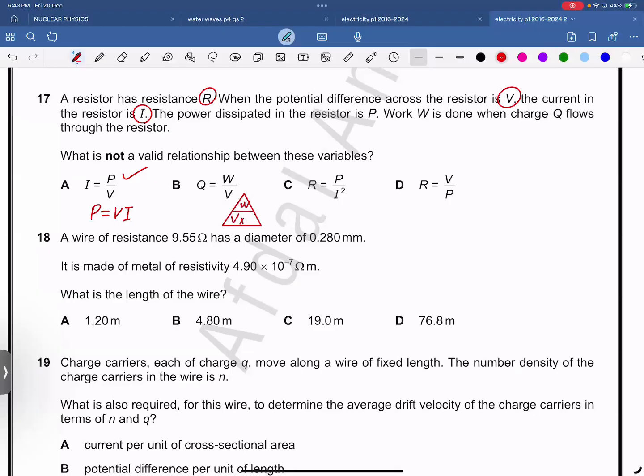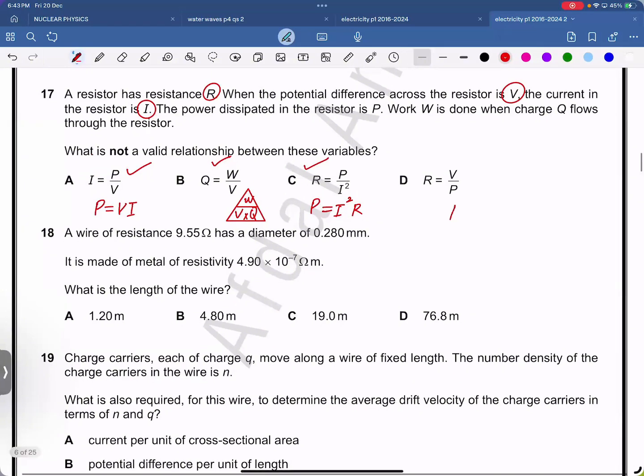Amount of work done per unit charge. So charge is work done over voltage? Correct. It's energy. Now, C says P is equals to I square R. It is also correct. D is saying P is equals to V over R. No, it should be V square over R. So D is the wrong one. They wanted us to choose the wrong. It is D. Easy question.